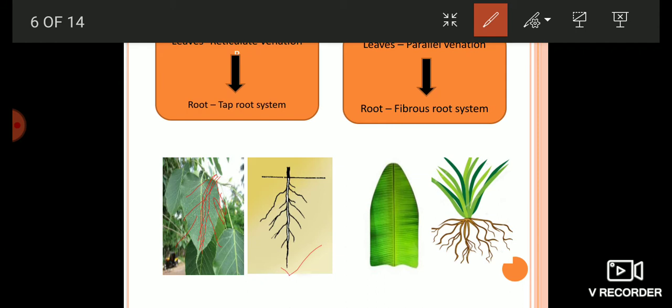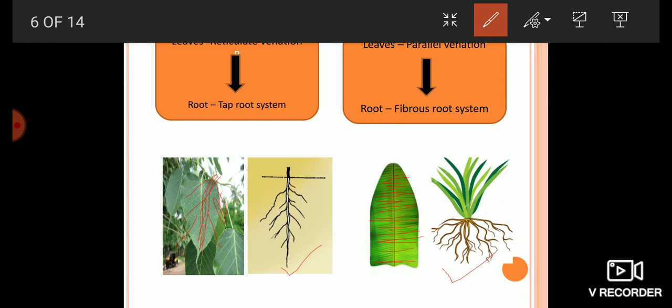And if the leaf shows parallel venation, this is the parallel venation, then the plant has the fibrous root system. Very simple. If the leaf has reticulate venation, then the plant has taproot system, and if the leaf shows parallel venation, then the plant will have fibrous root system.